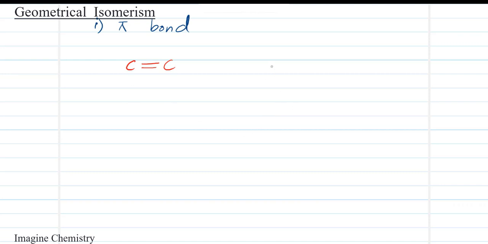So what I'm saying is that now here you see that there is a carbon-carbon double bond. One is a sigma bond and the second one is a pi bond. So for a sigma bond, there is a head-to-head overlap, right?